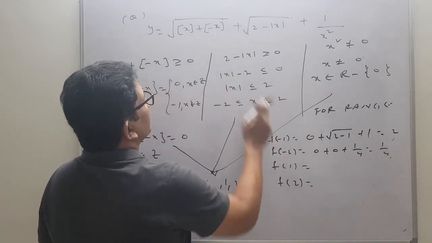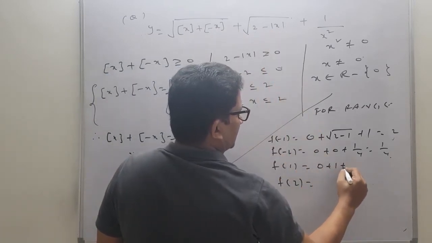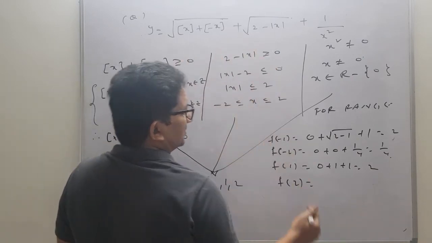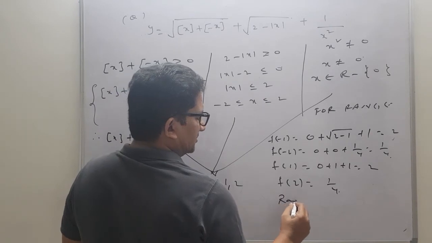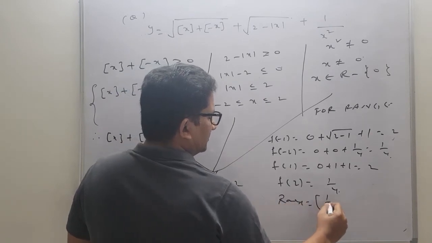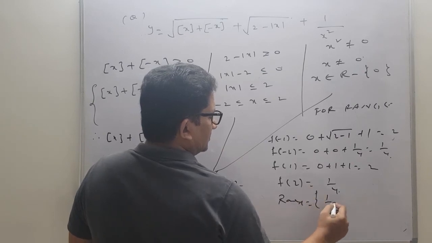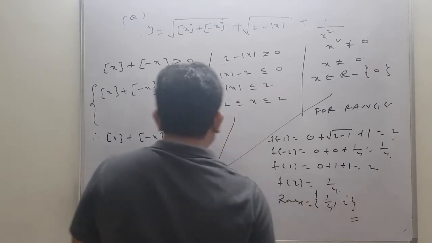And f of 1 if I take means, here anyhow 0, and here we will get 1, and there also 1. So we will get 2. And f of 2 if I take, so again we will get 1 by 4. Okay. So that means range is, discrete we will get here, and these two are the values.